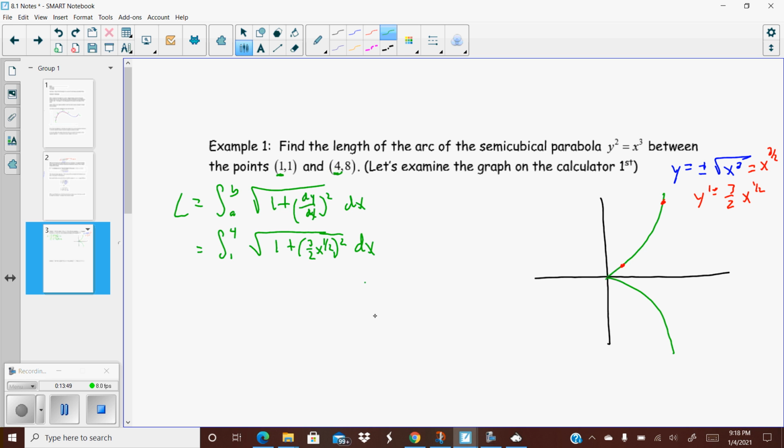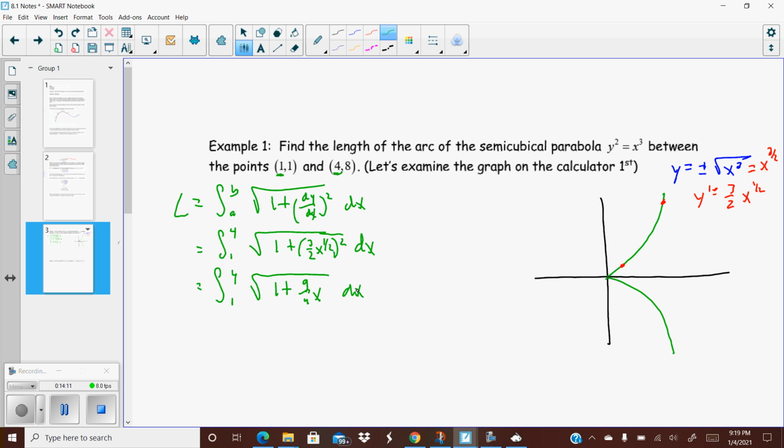Okay, so this is actually one that we can do by hand. And then we'll use the calculator and show it's all the same. So I'm going to take an integral from 1 to 4, square root of 1 plus squaring, that's going to give us 9/4 x dx.